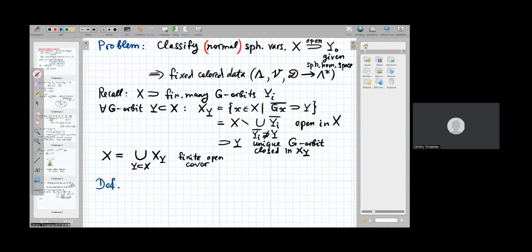A spherical variety X is called simple if it contains a unique closed orbit.